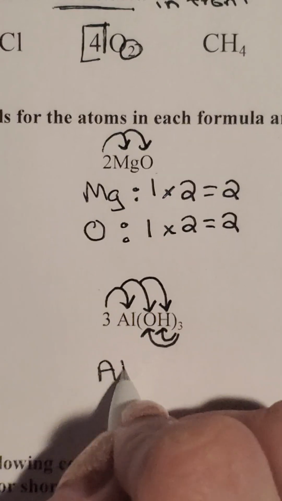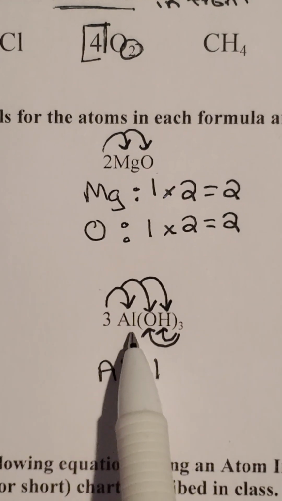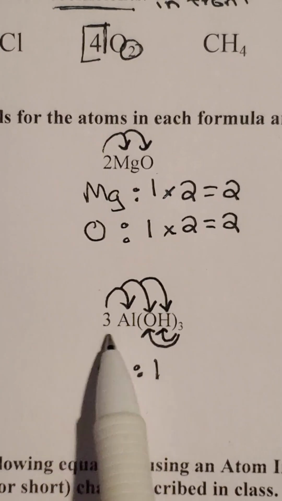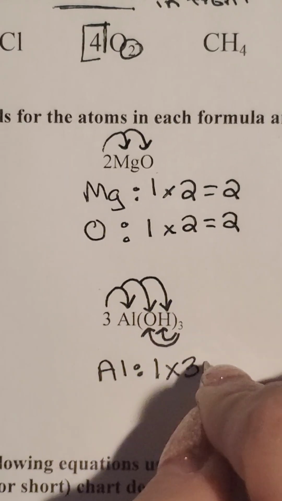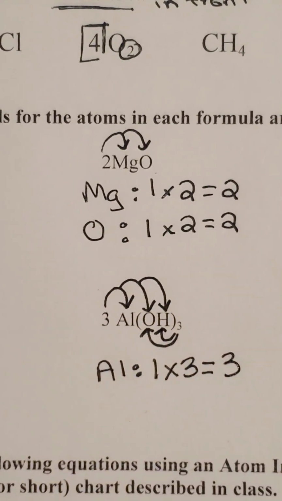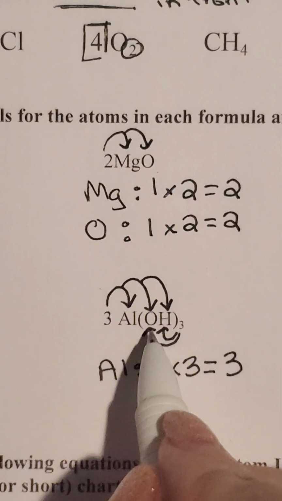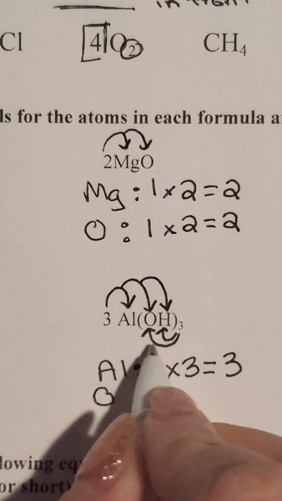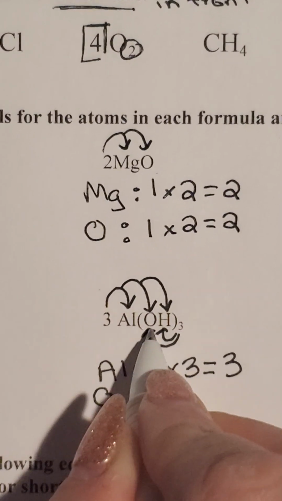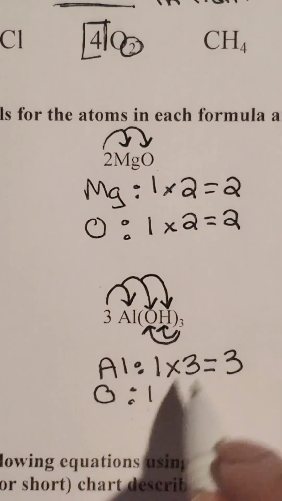Aluminum originally had 1. There's no subscript, there's no parentheses. However, there is a coefficient. So I have to multiply. Okay, I have a total of 3 aluminum. Now, oxygen and hydrogen's work is a little bit different. Oxygen originally has nothing written after it. So I would say normally it had 1.